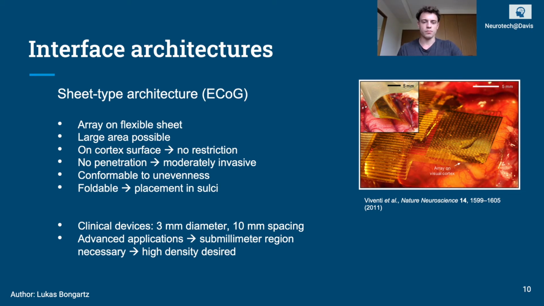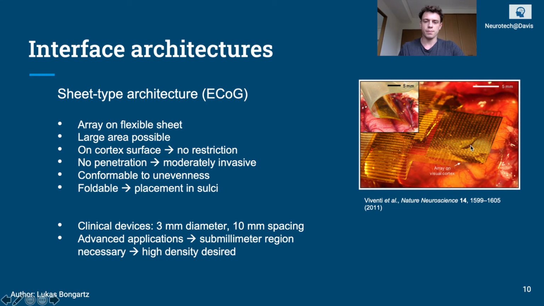When it's flexible, it is conformable and can fit to the uneven surface of the cortex. And as shown here, it can also be folded sometimes and then be placed in sulci, like the cleft between the left and right hemisphere of the brain, which is sometimes hard to address otherwise, and of special interest, I think, for epilepsy.